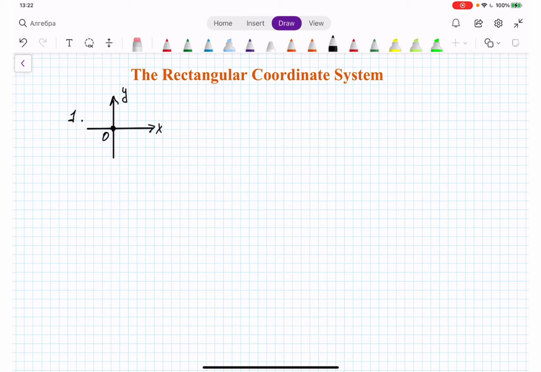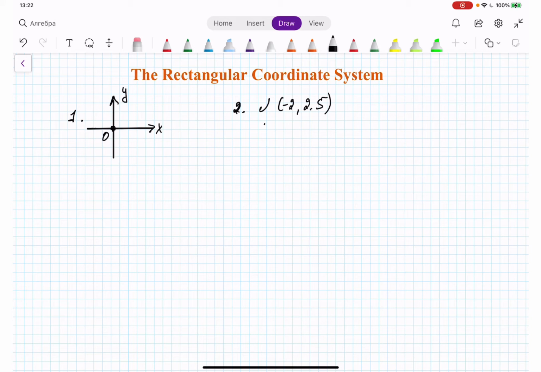Question number 2. So we need to plot a couple of points. We need to plot, let's say, J, -2 and 2.5.